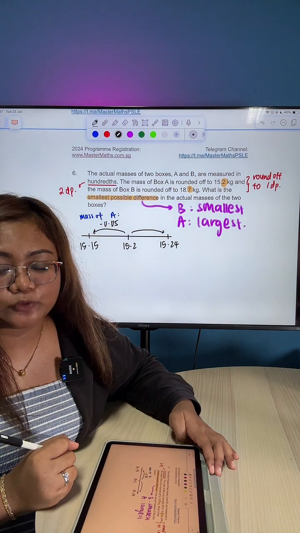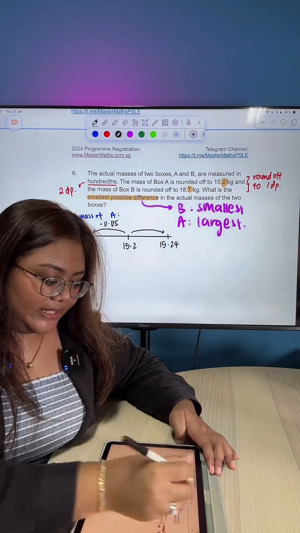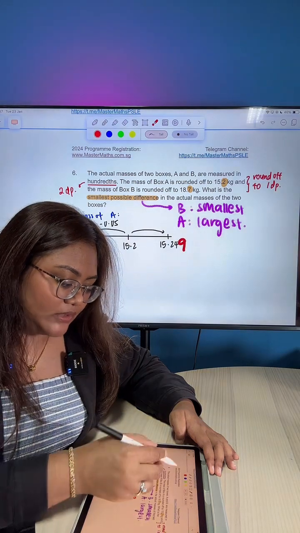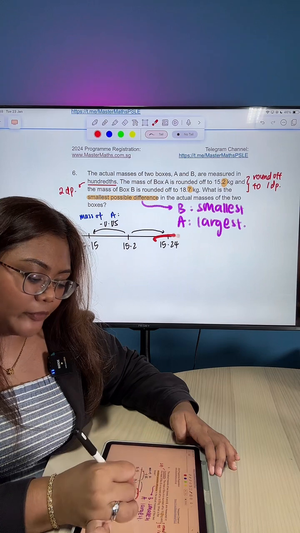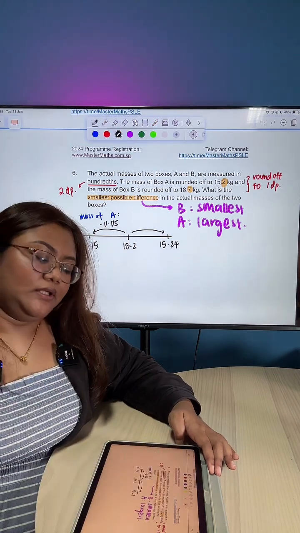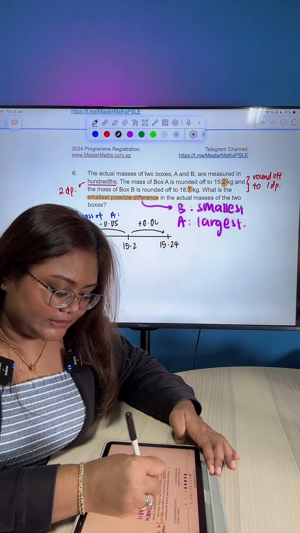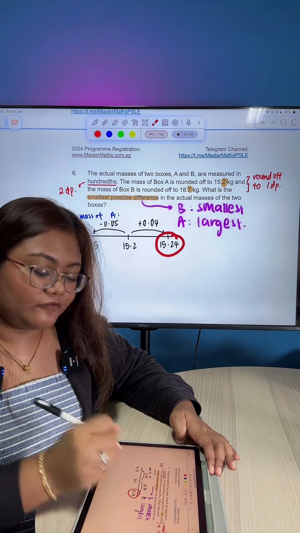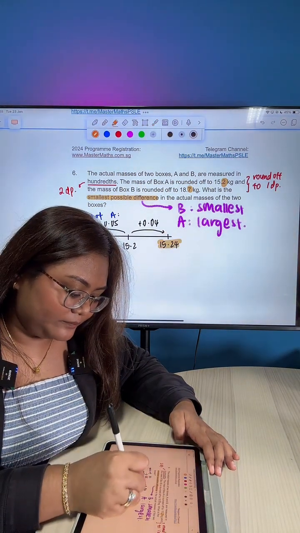Okay, so 15.24. Now I cannot get 15.249. I cannot get 0.249 because they say 2 dp only. So I only stop at 0.24. Okay? So from here I just add 0.04 to get me to 15.24. So this is the largest A that I have.